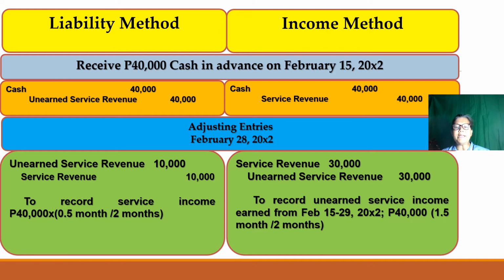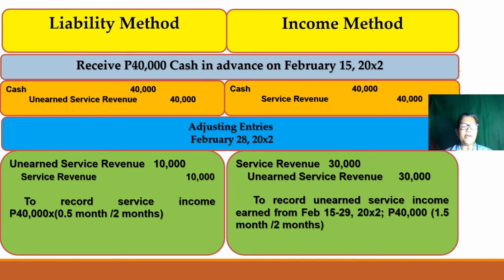How about in the income method? Debit cash 40,000, credit service revenue 40,000. And let us move to the adjusting entry on February 28, 20x2. Debit unearned service revenue 10,000 and credit service revenue 10,000.